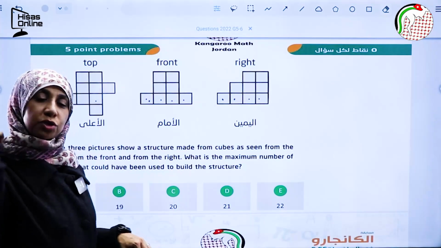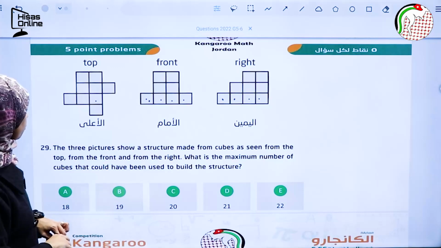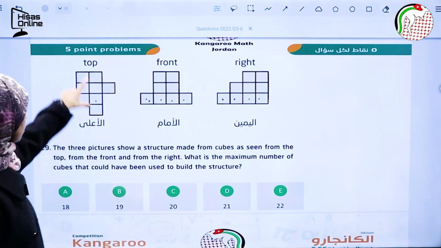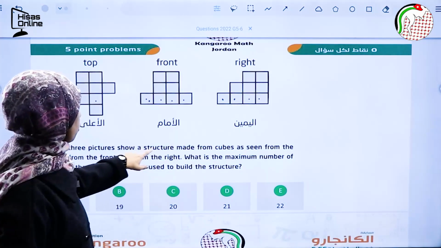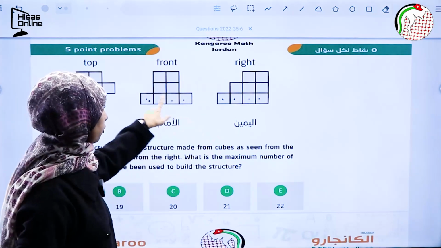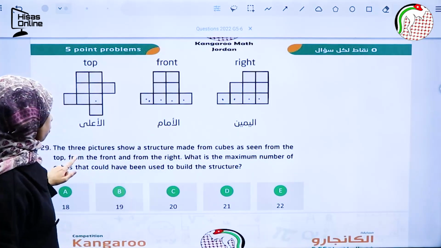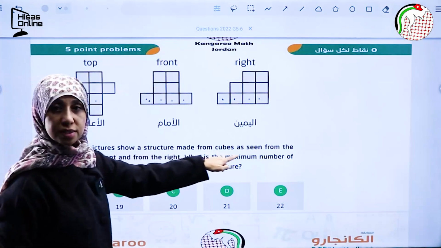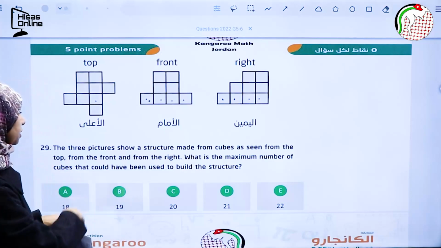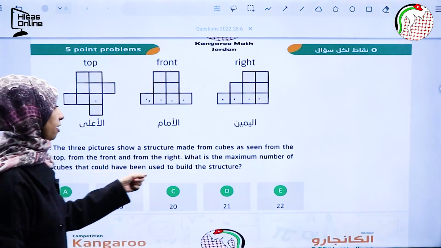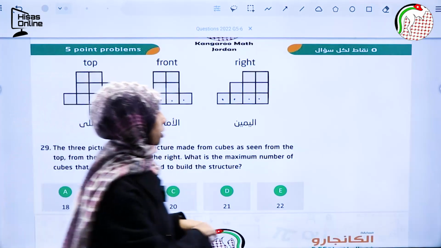Now moving to question 29. In 29 here, there are 3 pictures shown here for top, front, and right view for a structure made of cubes as shown here. Now, we need to know what's the maximum number of cubes that could have been used in order to build this structure.